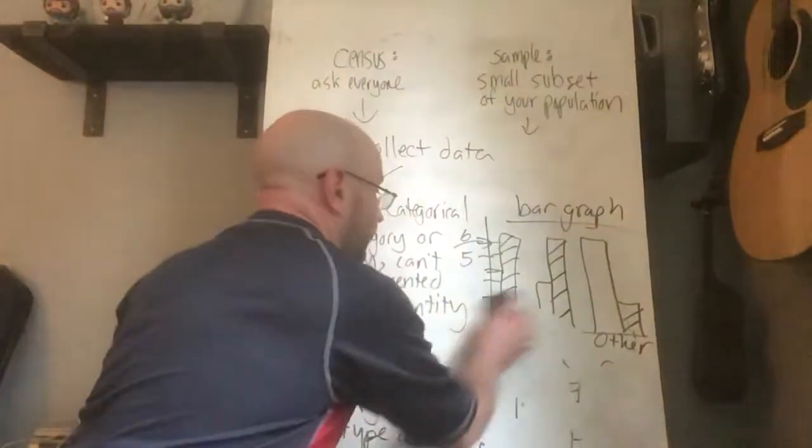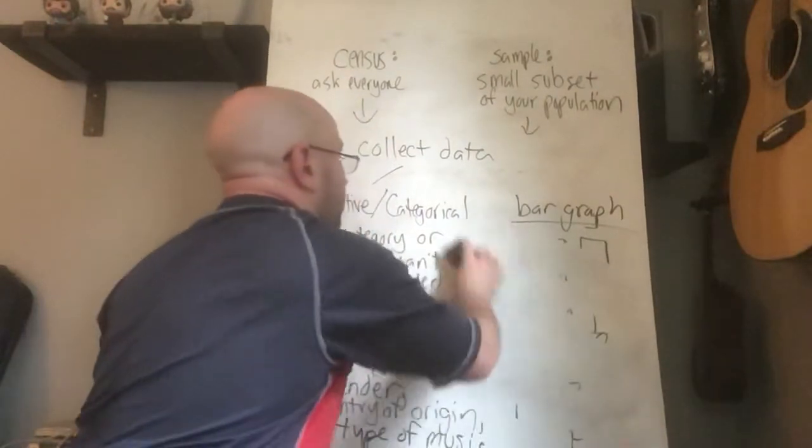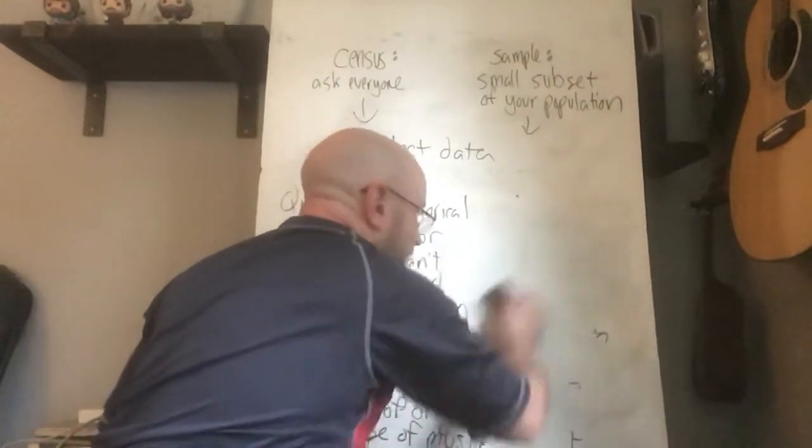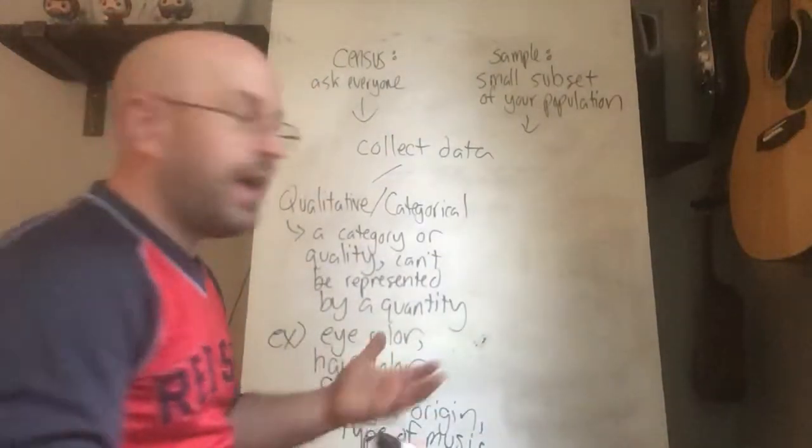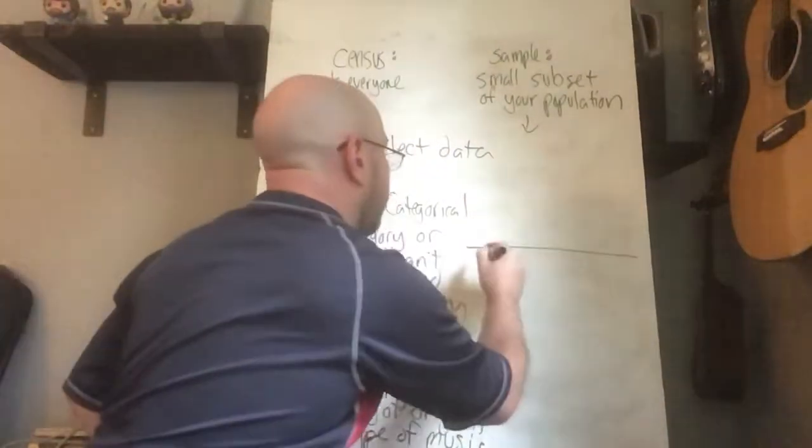You might also see a two-way table. And I guarantee you've seen some of these in the past. Like a two-way table would be when you'd have categories split up a bit, right?